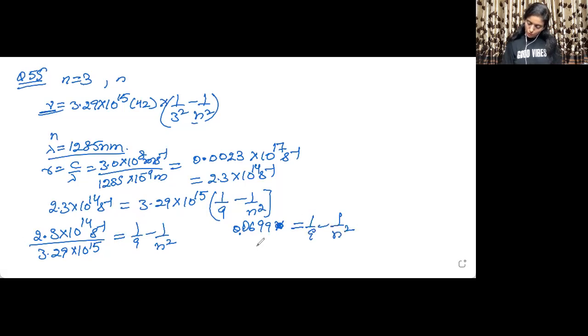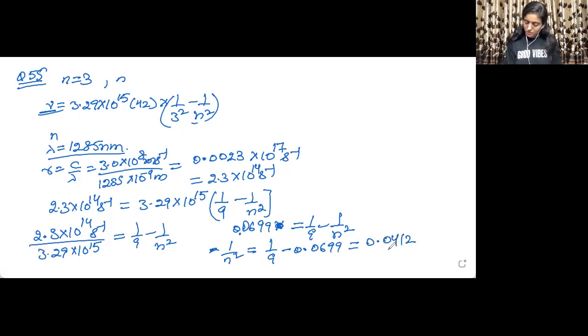So 1/n² will be equal to 1/9 minus 0.0699, which comes out to be 0.0412.